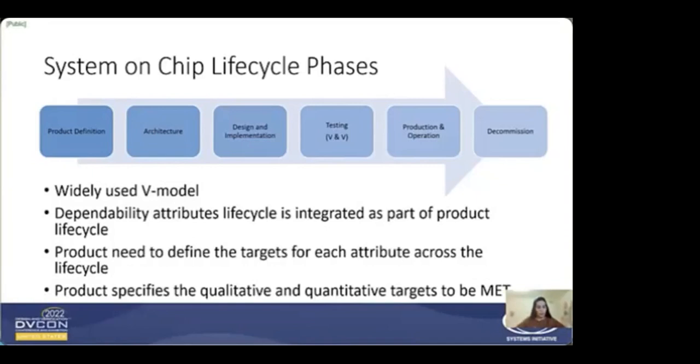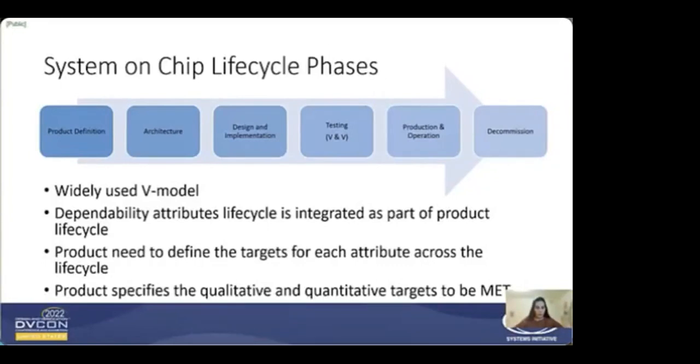Now, the product will also specify the different qualitative and quantitative targets that need to be met. Just as we look at it, when we talk about functional safety, we'll have safety goals. The safety goals will be specified at the product hierarchy, and within the layer, the SOC will say, okay, these are the safety goals for this product, and we need to achieve them.